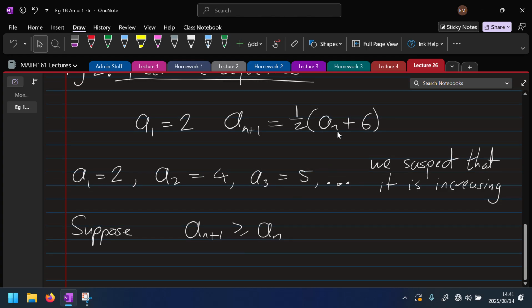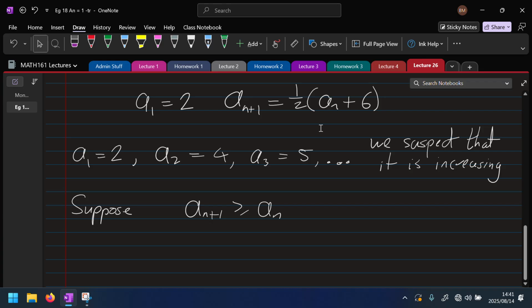If we look at our formula over here, this includes the a(n). What do we need to do to this right-hand side to make it look like this right-hand side? We're going to add 6. We can't just do it to one side, we have to do it to both. Good. So it's almost at the right-hand side.